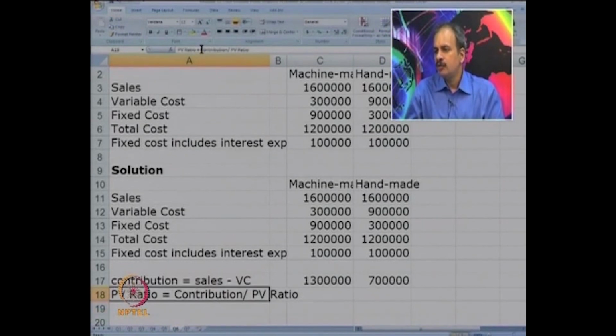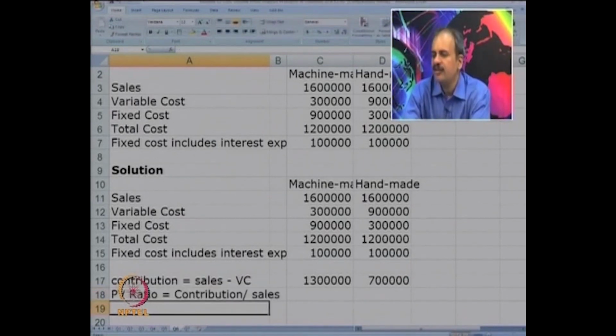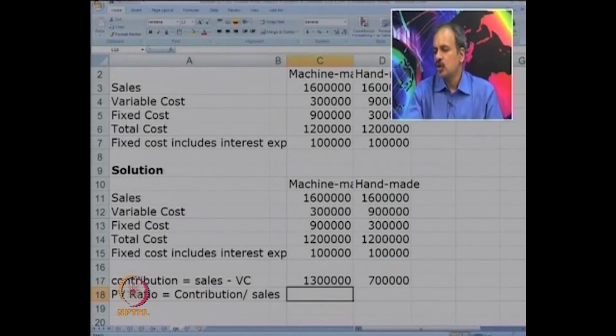So here we are calculating PV ratio. When it comes to BEP, we will divide by PVR. So contribution upon sales: the contribution is 13 lakhs divided by sales of 16 lakhs.